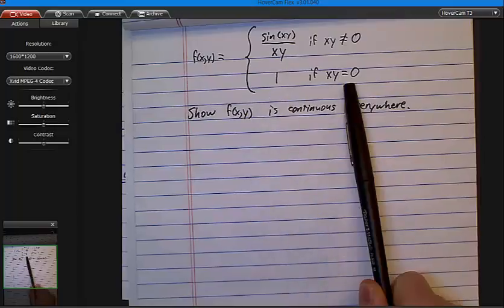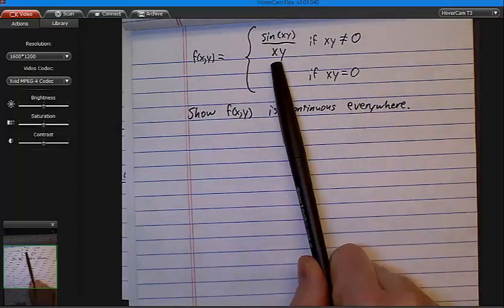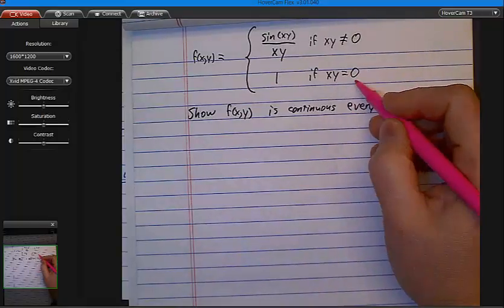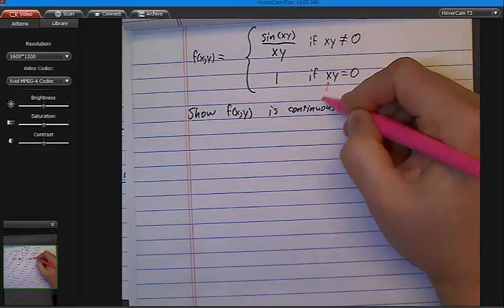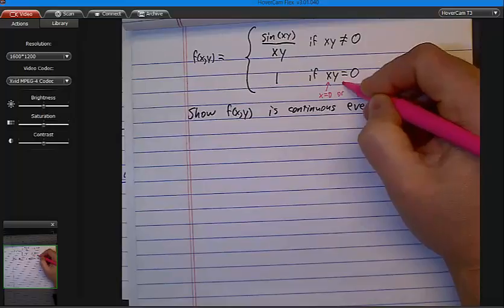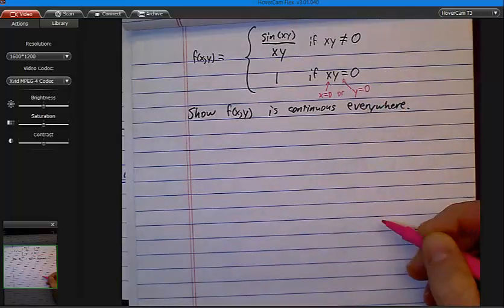But what we just did is we defined it. By the way, where on the plane would the problem spots be? Well, if xy equals 0, that's either x equals 0 or y equals 0, right?